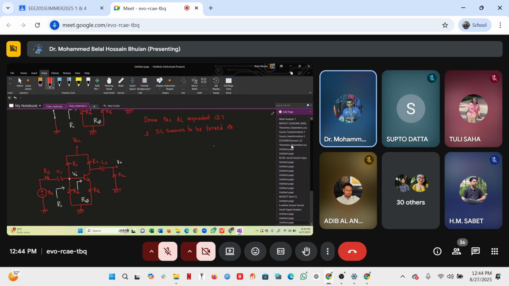They have to be turned off. So how can you turn it off? DC voltage source shorted and current source open. So that is how we turn off DC voltage source and DC current source.